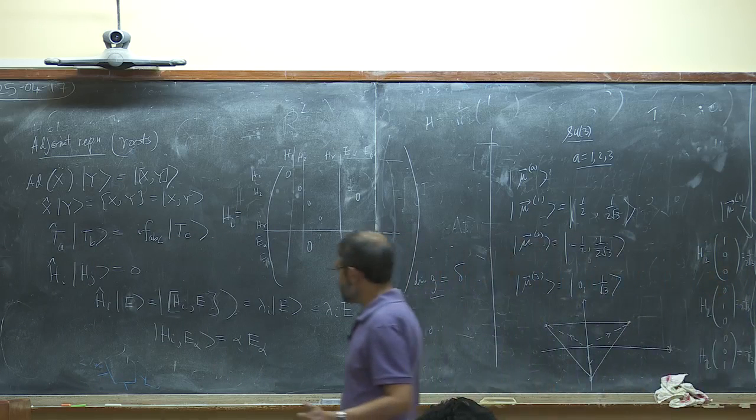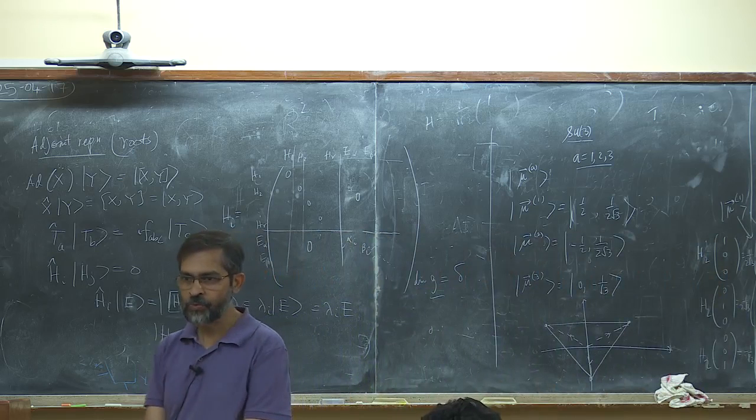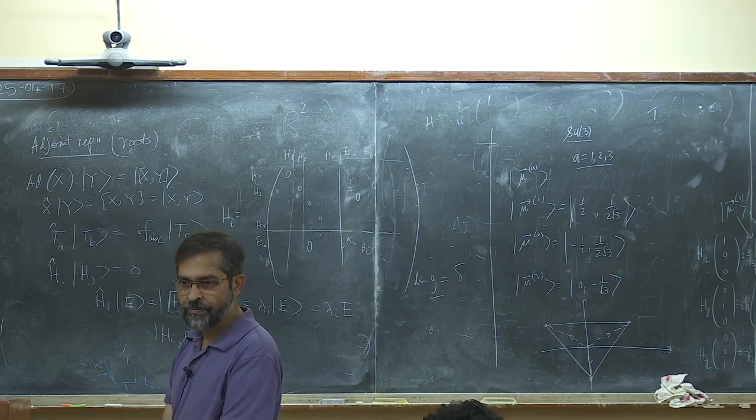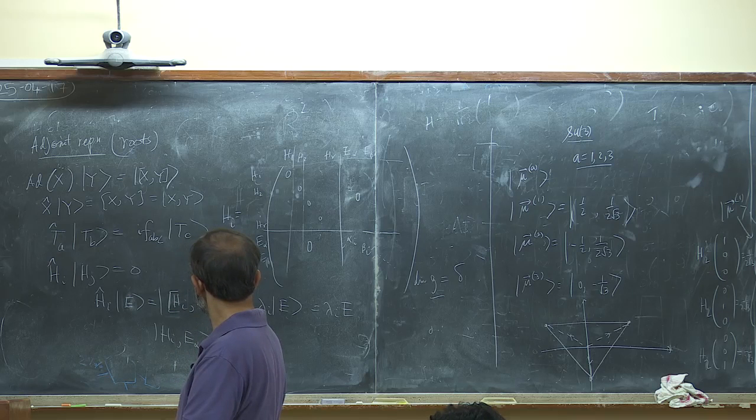So you are using the fact that this is compact, when you say they can be simultaneously diagonalized and the common eigenbasis spans the whole space. That is H1, H2, HR, E alpha, E beta, and so on. This common eigenbasis spans the whole space. Yes.